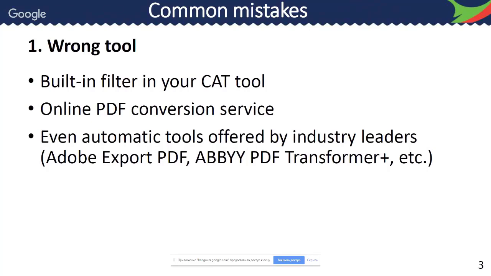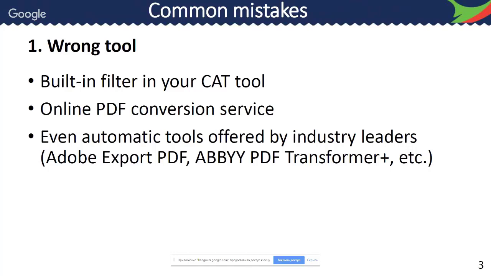The first mistake that many people make is to choose a wrong software program or conversion service which perform automatic conversion and do not allow the user to make adjustments. This includes PDF import filters that are built into CAT tools such as SDL Trados Studio, MemoQ, MemSource Cloud, SmartCat, and others.